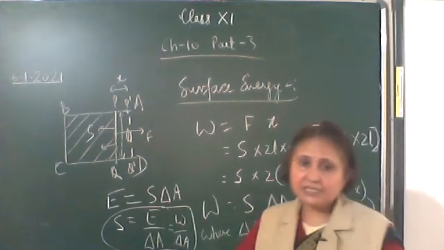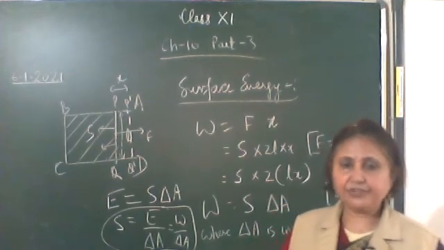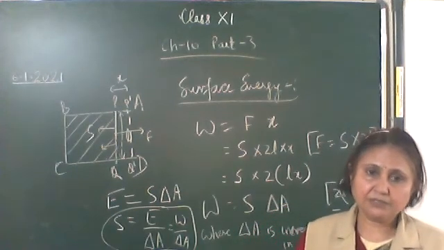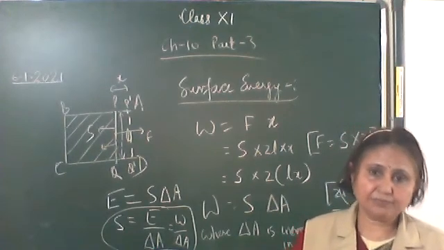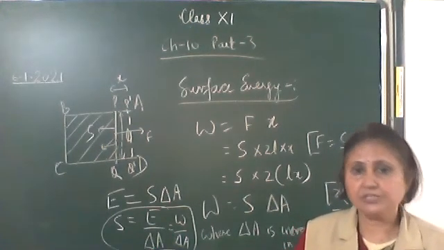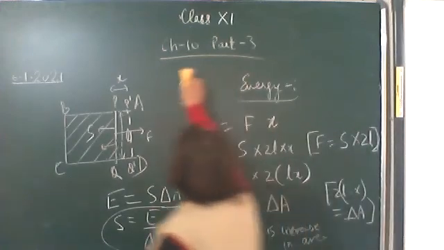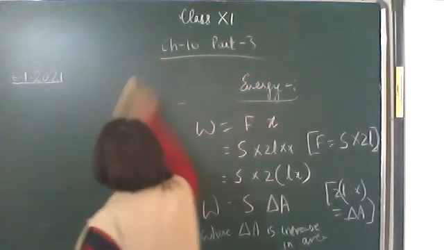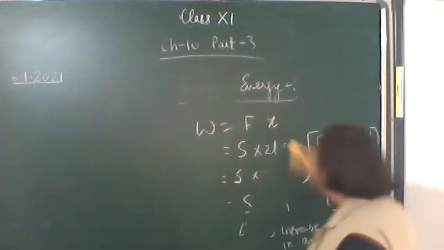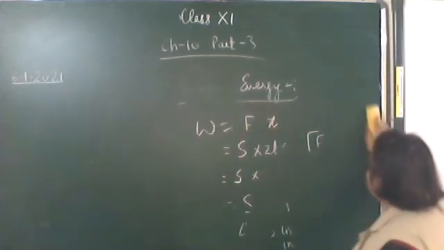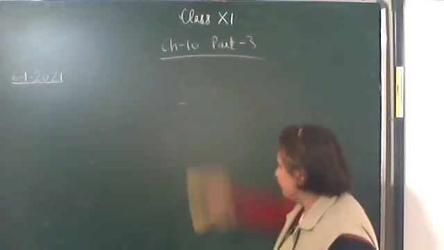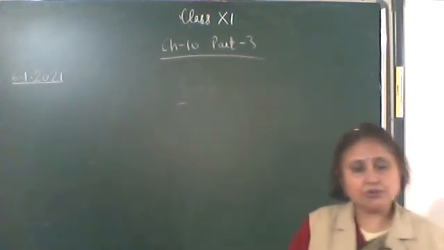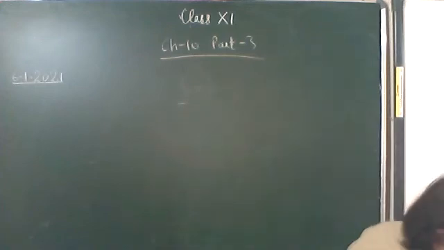Now we'll see, if the free surface of the liquid is curved, then on which side is there excess of pressure, on which side will the pressure be more? So write down, excess of pressure when the liquid surface is curved. The free surface of the liquid we also call a meniscus.